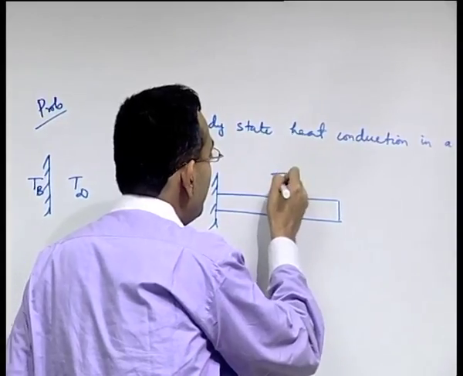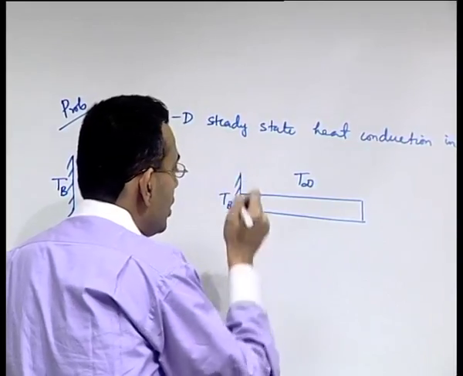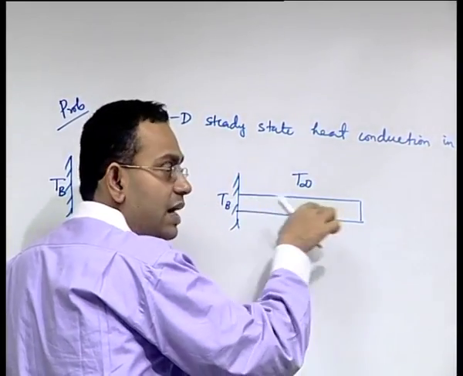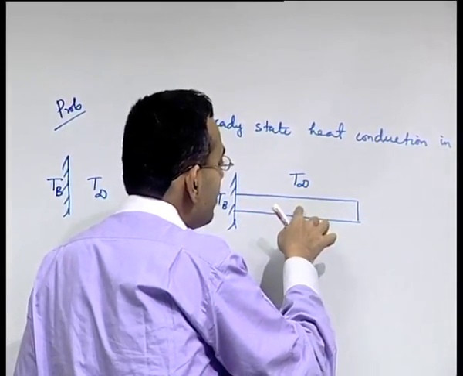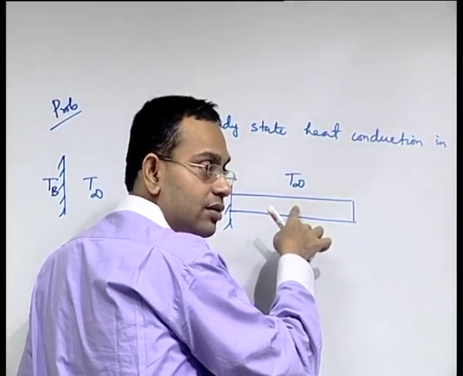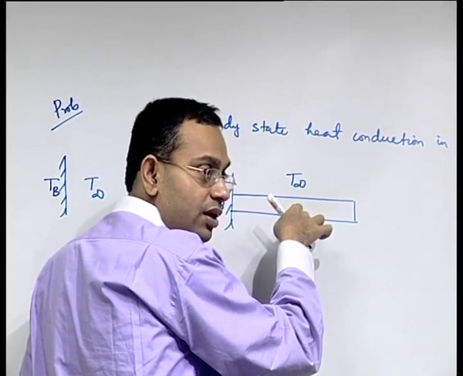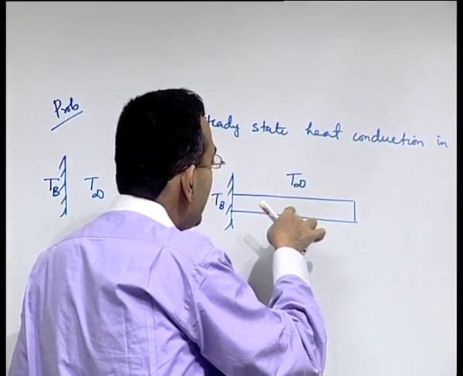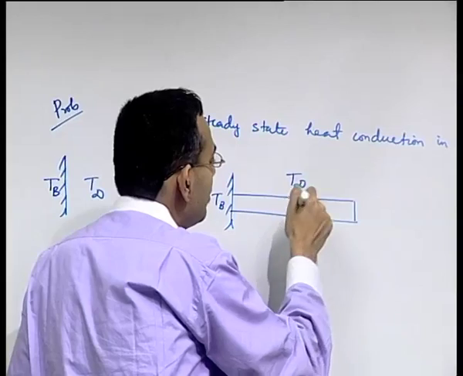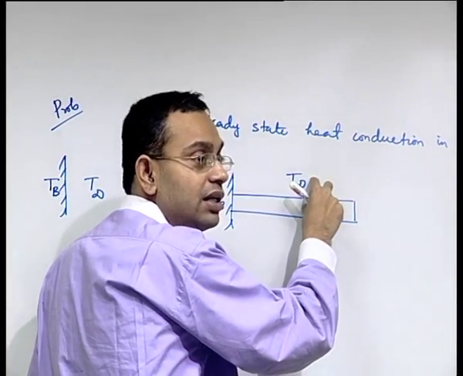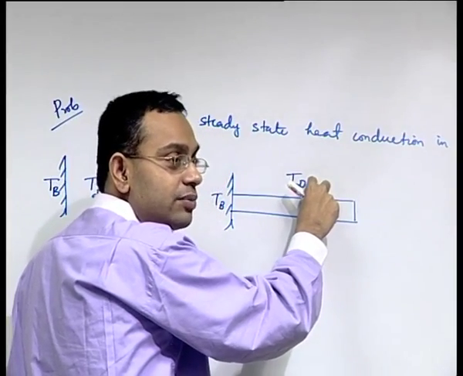So this is still T infinity, this is T boundary, because heat is conducting mainly in the axial direction. Then the temperature inside that fin will fall from T boundary, because heat will flow from high temperature to low temperature. So because the temperature inside the fin will fall, the difference between the fin temperature and T infinity will decrease, and therefore the driving potential difference for heat transfer will decrease.